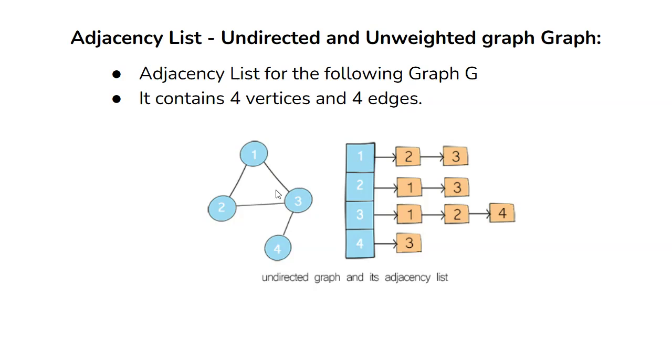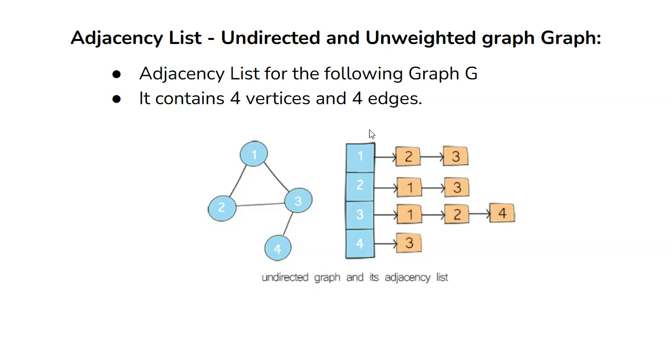The main node 2 is available in the first list. Its adjacent nodes, 3 and 1, are connected in a separate list, having a connection with its main node, and so on.